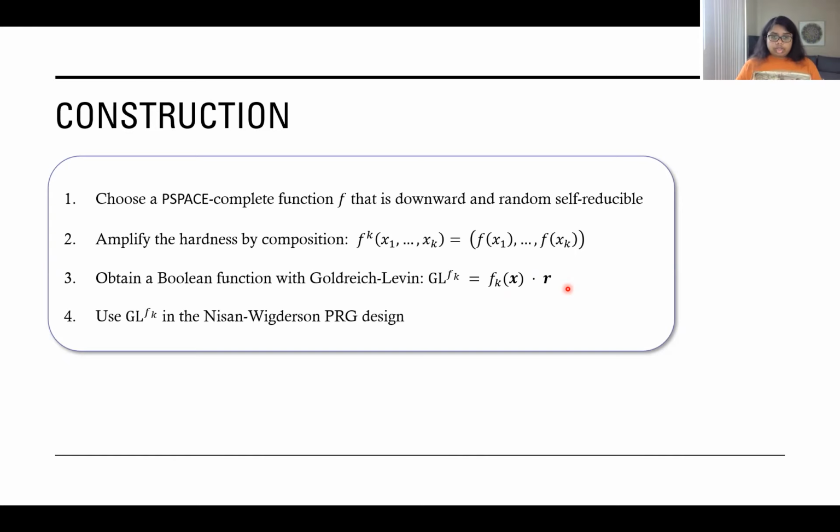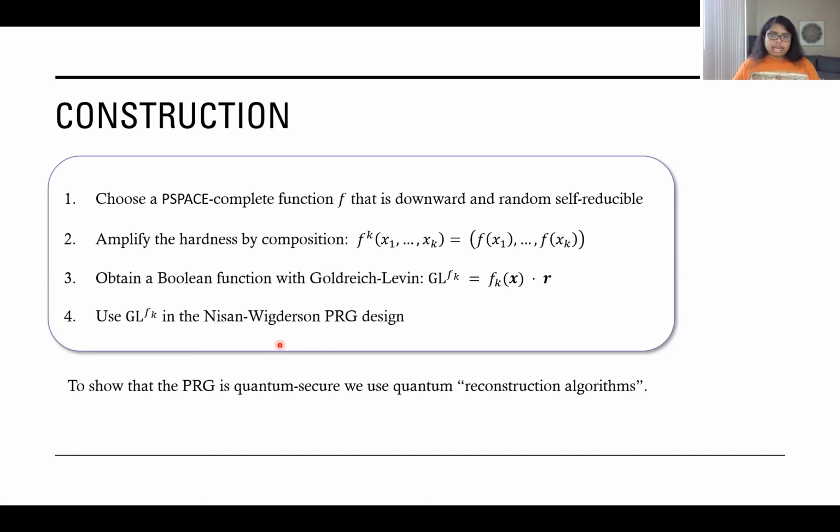That's the basic construction. But now if you want to show that it is secure against quantum computations, you essentially want to prove that if this PRG is not secure, then somehow you are going to violate your assumption. So basically you want to go in the reverse direction. But what is our assumption?